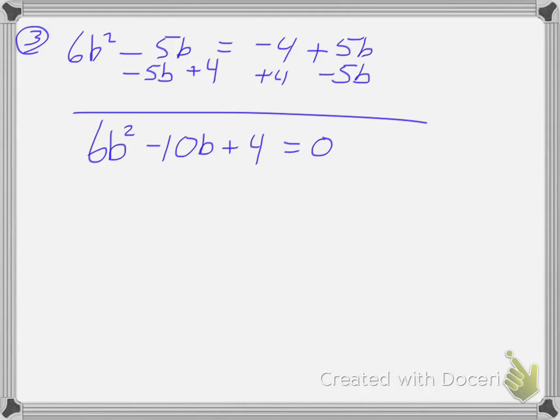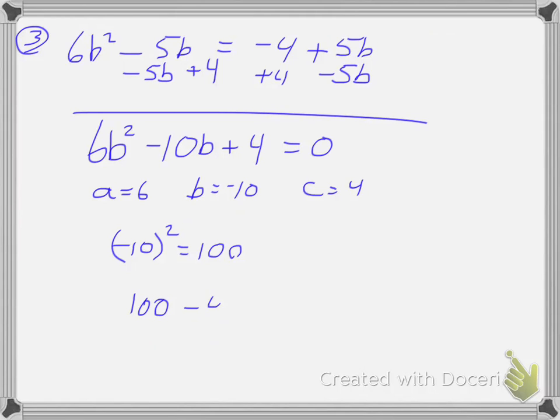So when I have my A is equal to 6, B is equal to -10, and C is equal to +4. Make sure you're paying attention to the positives and the negatives, because that's this whole thing. Whenever you square the B, it's always going to become positive. Okay? So I have B squared, which is 100, minus 4 times A, which is 6, times C, which is 4.